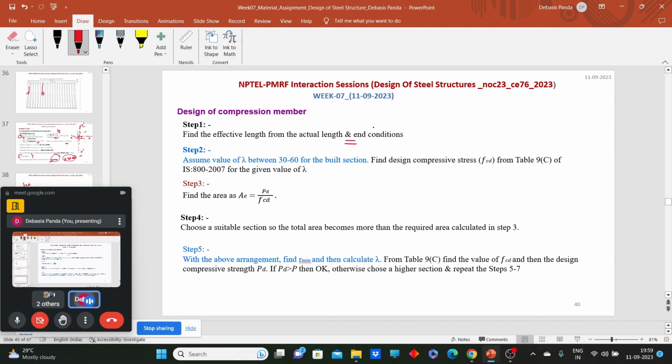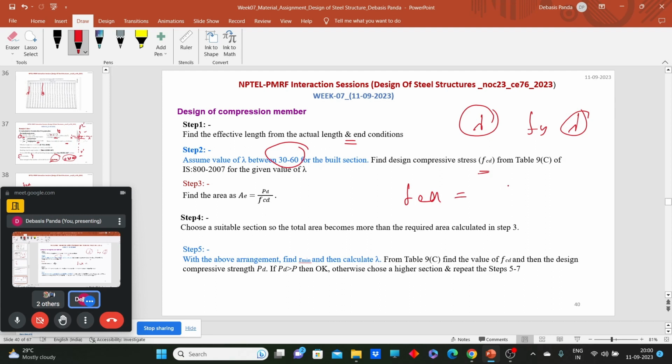Now, while calculating that FCD value, we have seen that based on some lambda value we need to calculate the FCD value, because if we look closely at table 9C, we can see that the FCD value depends on Fy and lambda value. Initially we don't have any lambda, so we need to consider a lambda value between 30 to 60, or we can consider the FCD value directly.